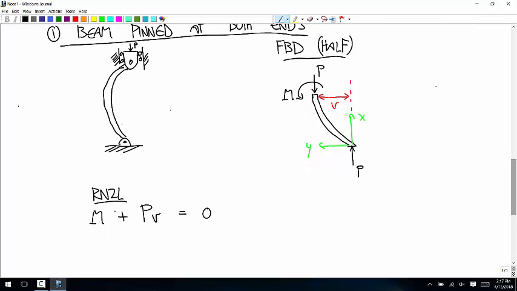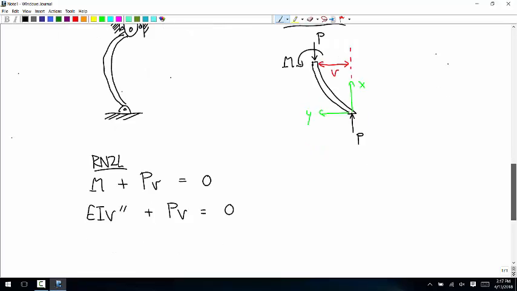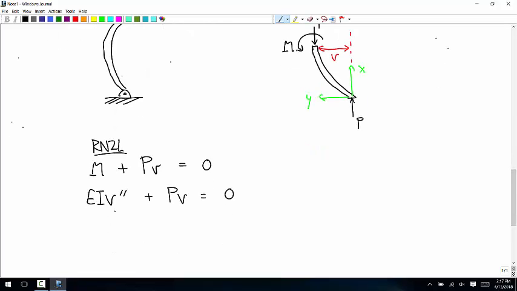And now we'll make the elastic beam assumption that M is equal to EI V double prime. So EI V double prime plus PV is equal to 0. And so I'm going to rewrite this as V double prime plus P over EI times V is equal to 0.